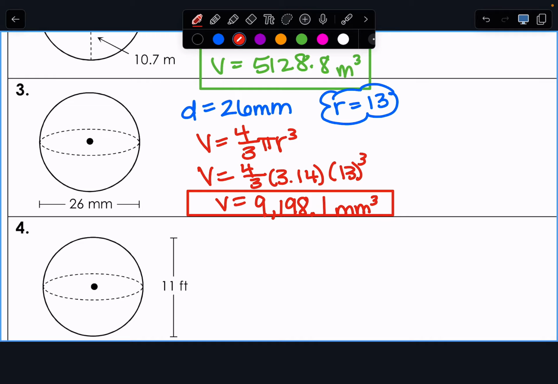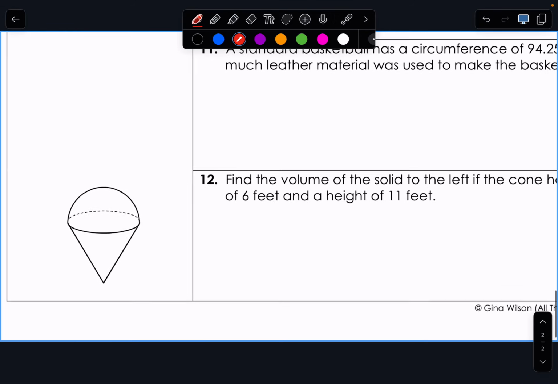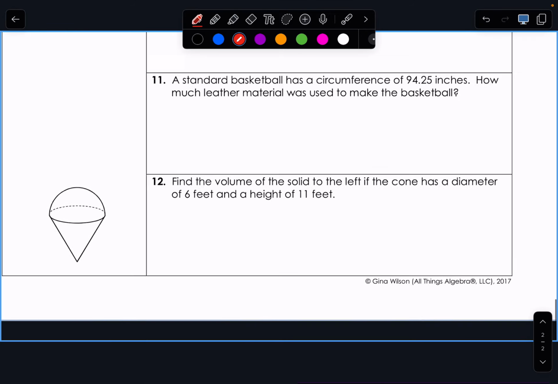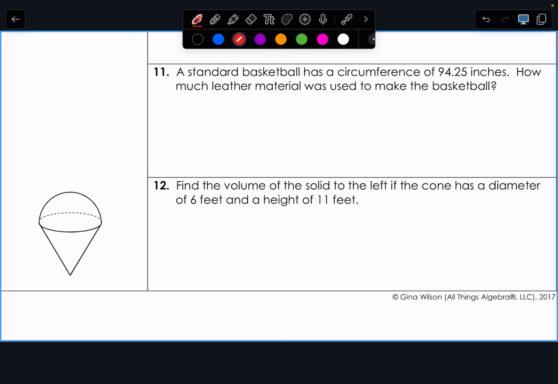Now this is what we're going to do. We are going to go to number 12 on that next page. In number 12, we have this ice cream cone. It has a diameter of 6 feet. What does that mean?